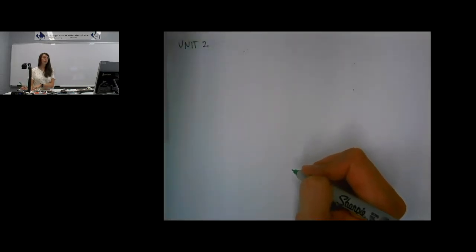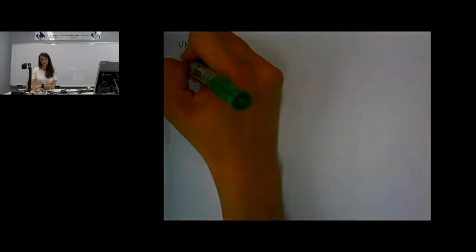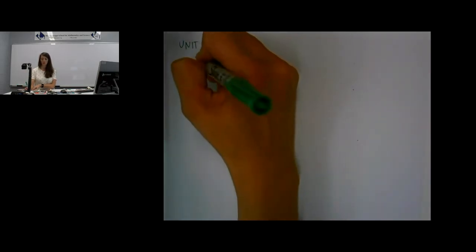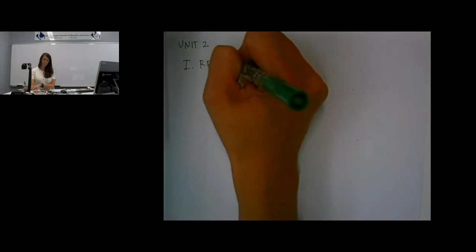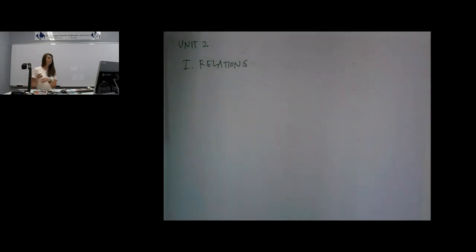In Unit 2 we're really reviewing, but we are going to talk about relations. A set of ordered pairs or table values can be an expression of how you are going to graph or plot your data.